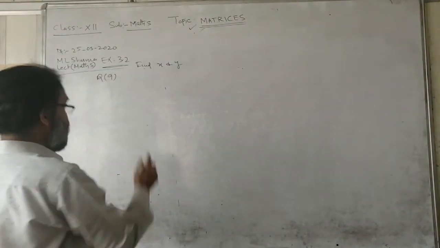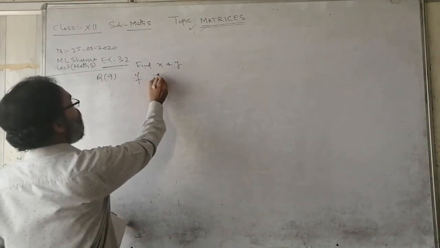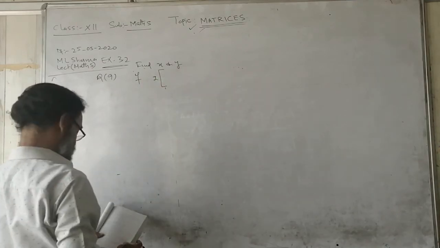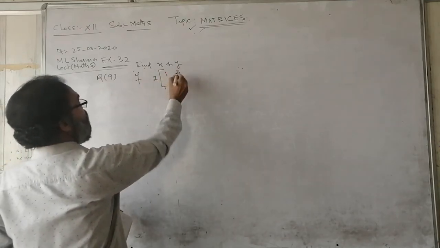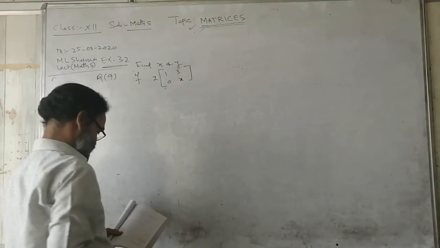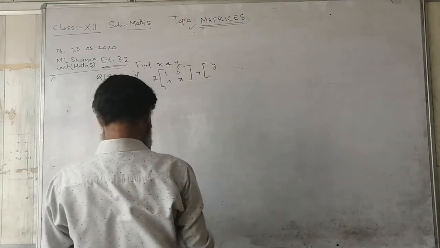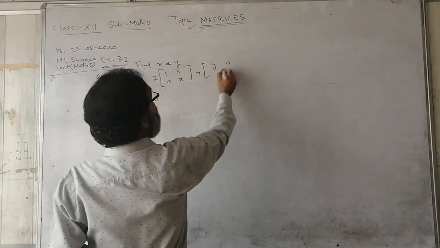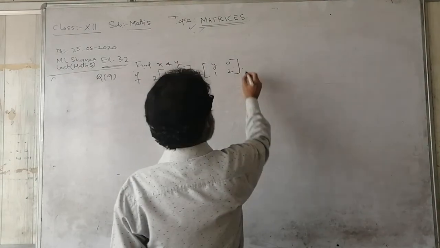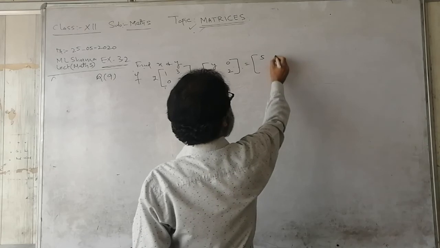Value of x and y if it is given 2 times matrix 1, 3, 0, x, one matrix, another matrix y, 0, 1, 2, and this is equal to a matrix whose elements are 5, 6, 1, 8.